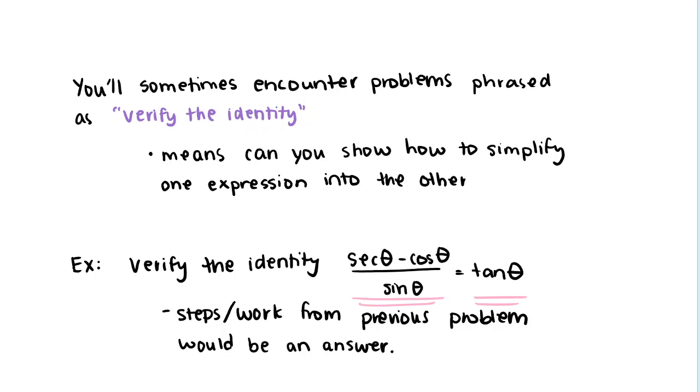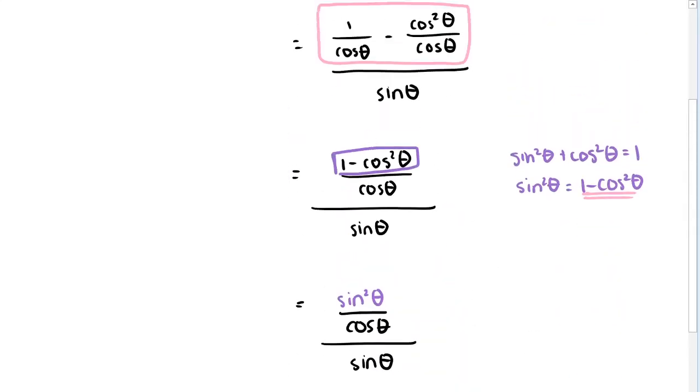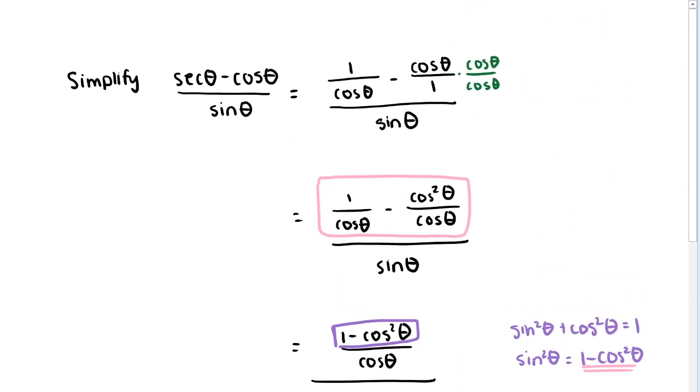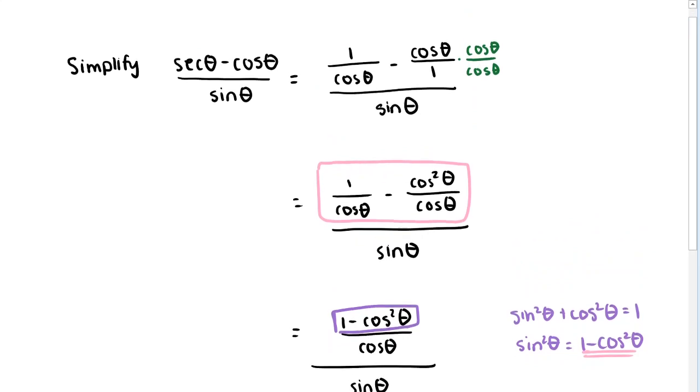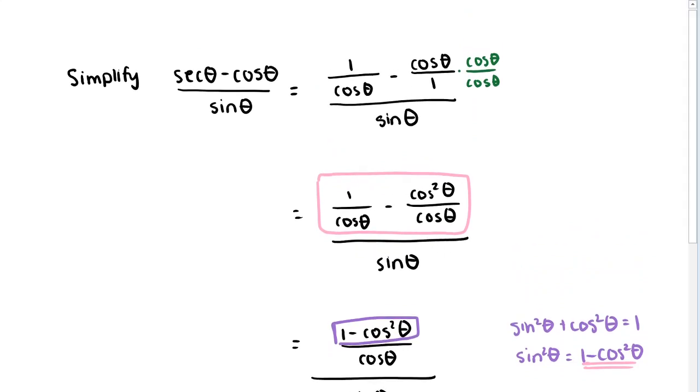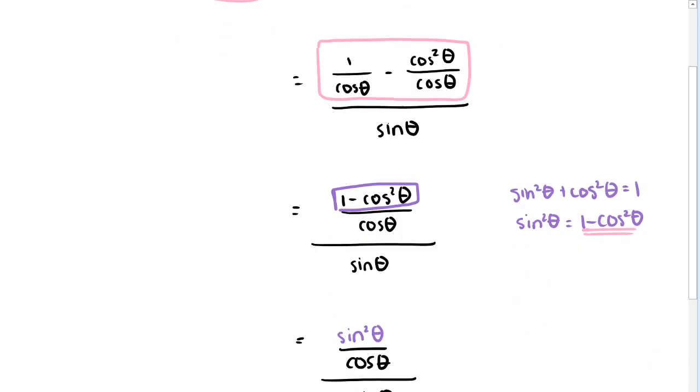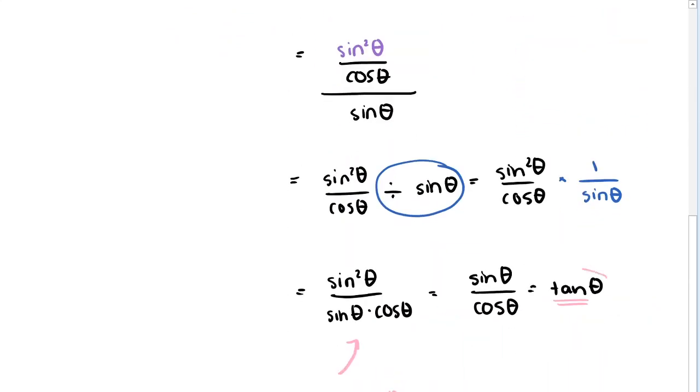And so if I were to give you a problem like this to verify this identity, all the steps from the previous problem would really be the answer to this kind of problem. All of the work that we did in this previous problem, these are steps you would need to show to verify the identity that this expression here is equivalent to this expression here.